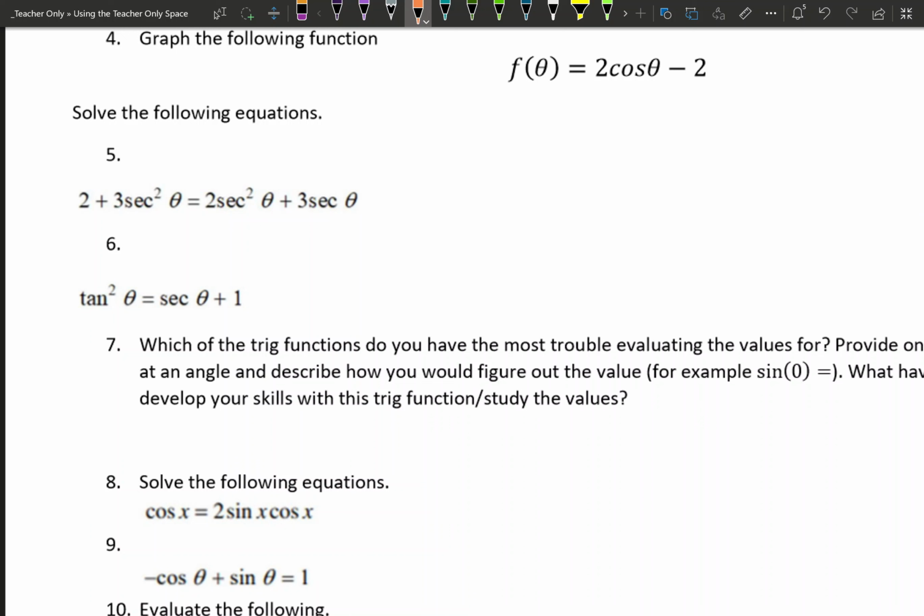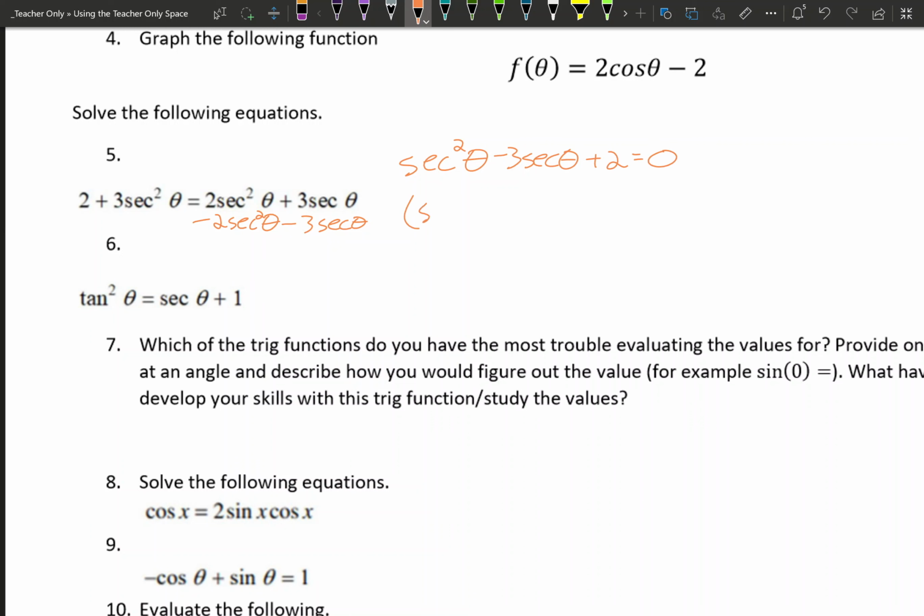So let's subtract 2 secant squared theta from both sides, subtract 3 secant of theta from both sides, and then see what happens because it's quadratic. So when we subtract that from both sides, we'll just have secant squared theta minus 3 secant theta plus 2 is equal to 0.